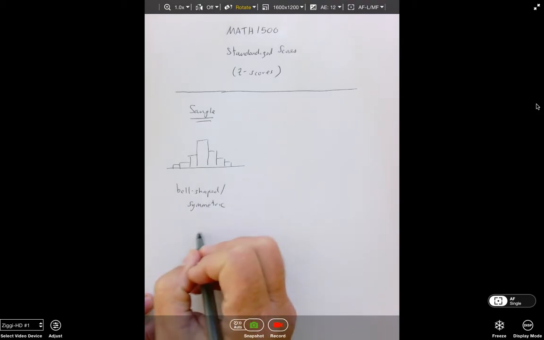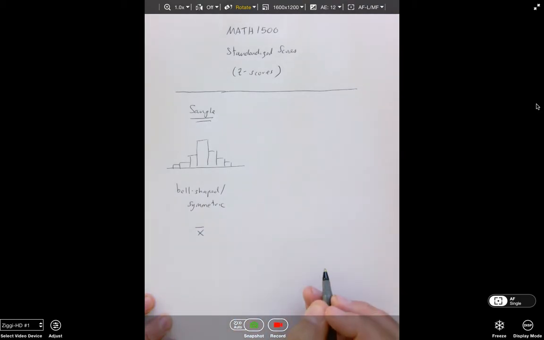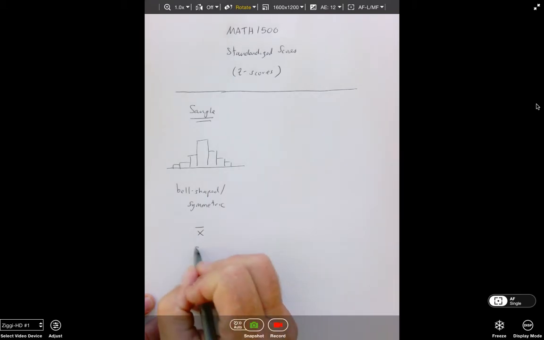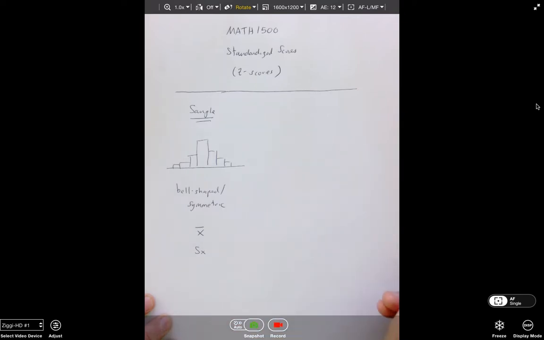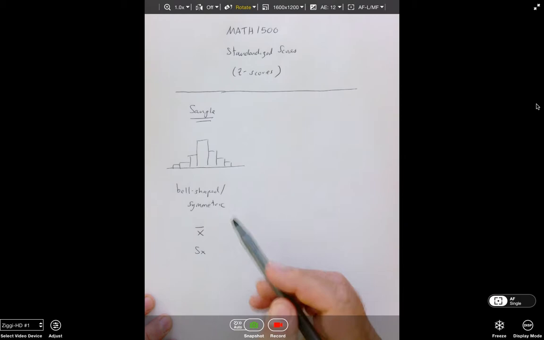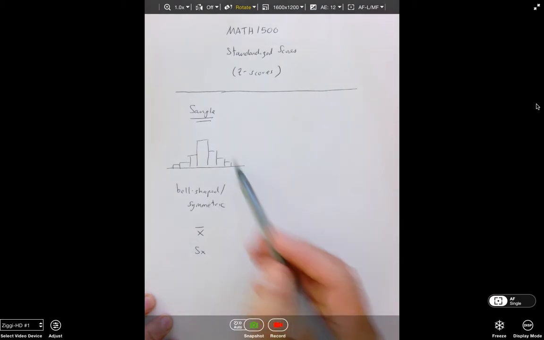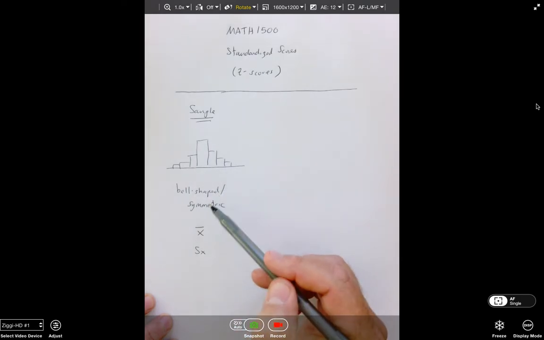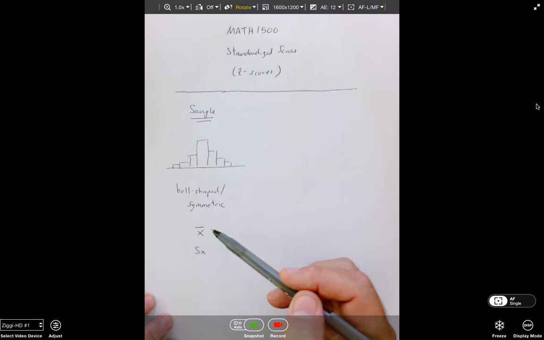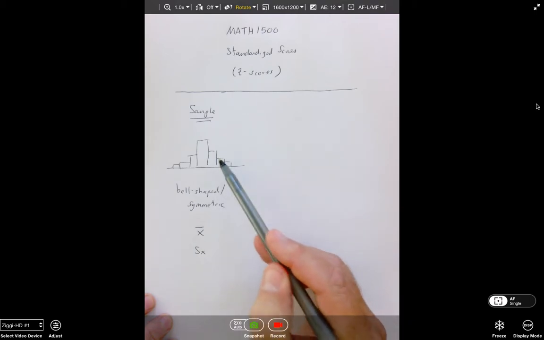The most appropriate measure of center that we would report for this distribution would be the mean, and the corresponding measure of spread would be the standard deviation. Now, that's not even really true. Let me back up. We would always report the mean, the median, the standard deviation, the quartiles, IQR, the range, and so on for this distribution.